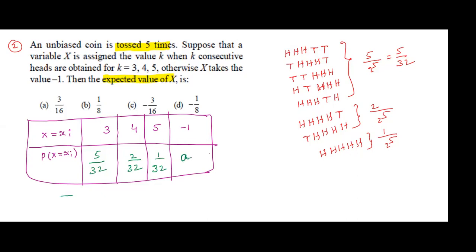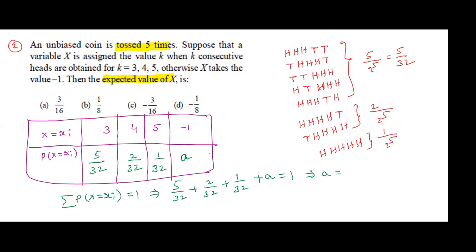But we know very well the sum of the probability distribution is equal to 1. In this case, 5 by 32 plus 2 by 32 plus 1 by 32 plus a is equal to 1. Then what is a, students?